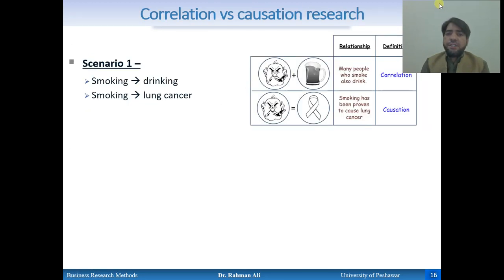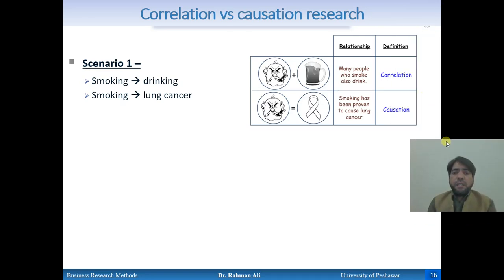And here we can see the difference between correlation and causation from this perspective. We have two scenarios. Some of the people, when they smoke, they also drink. It means that if you are a smoker, then you will be a drinker as well.